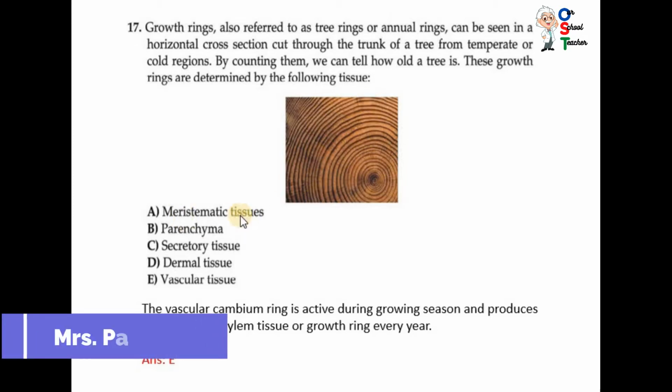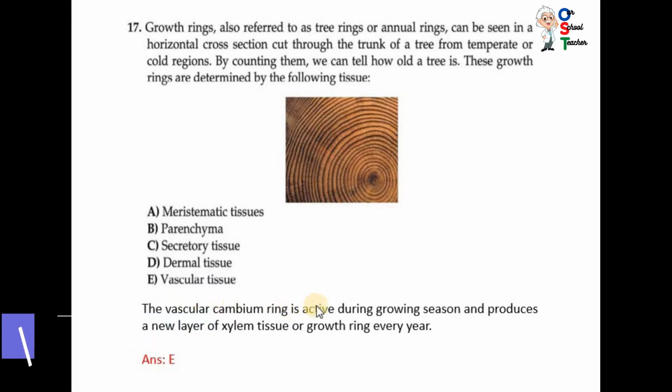I have told you the tissues with functions: meristematic tissues, parenchyma, secretory tissue, dermal tissue, vascular tissue. Vascular cambium ring is inactive during the growing season and produces a new layer of xylem tissue, or growth ring, every year. So these rings are related to vascular tissues. So E is correct.